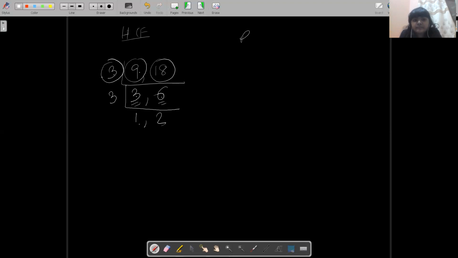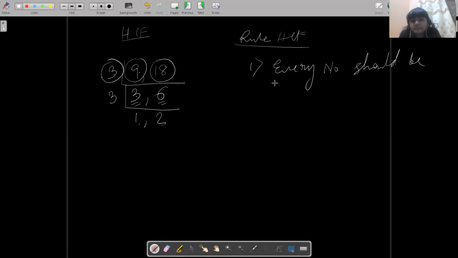And the rule of HCF is that every number should be divisible by a particular number. So this 3 can be divided by this 2.